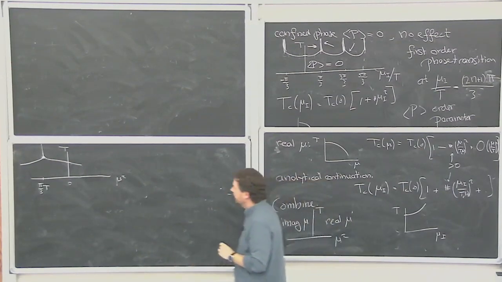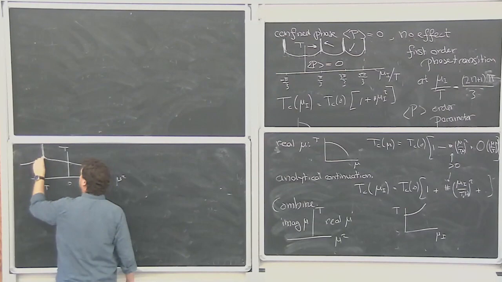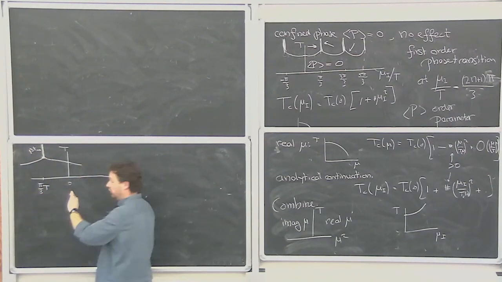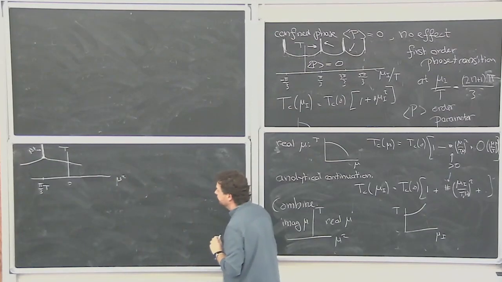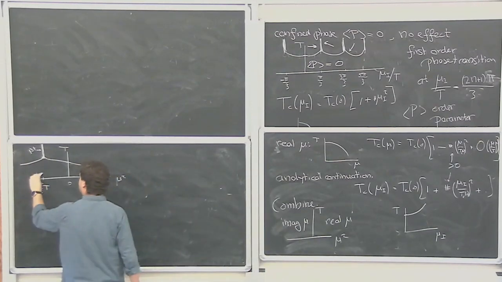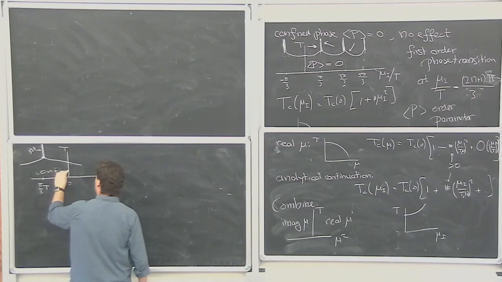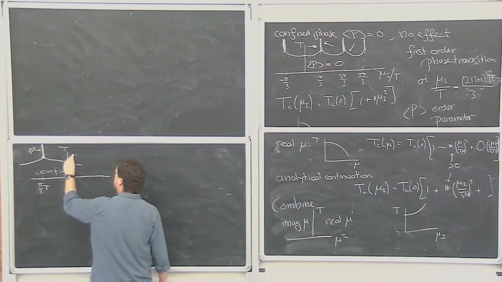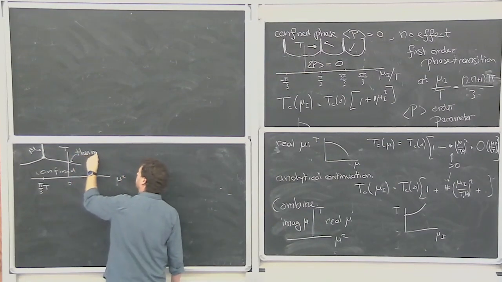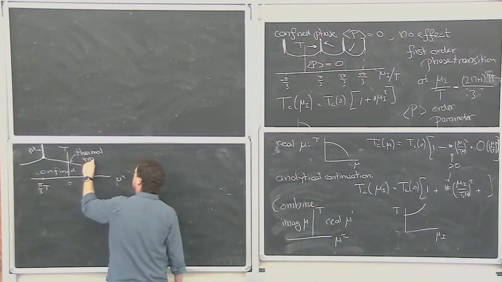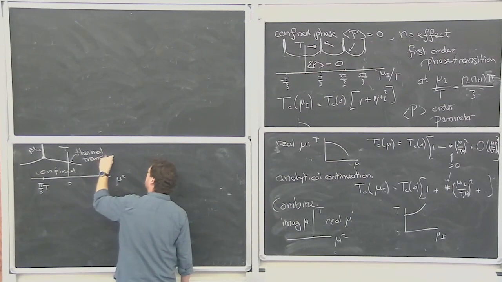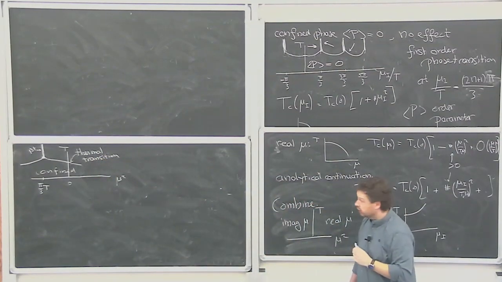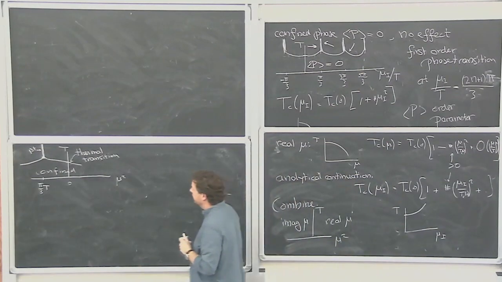Yeah, so here I have a first order line, because this is where the Polyakov loop changes its direction. Down here I'm in the confined phase. Nothing happens. And then this is the thermal transition, both for real mu and imaginary mu. So this is how we can tie these lines together.